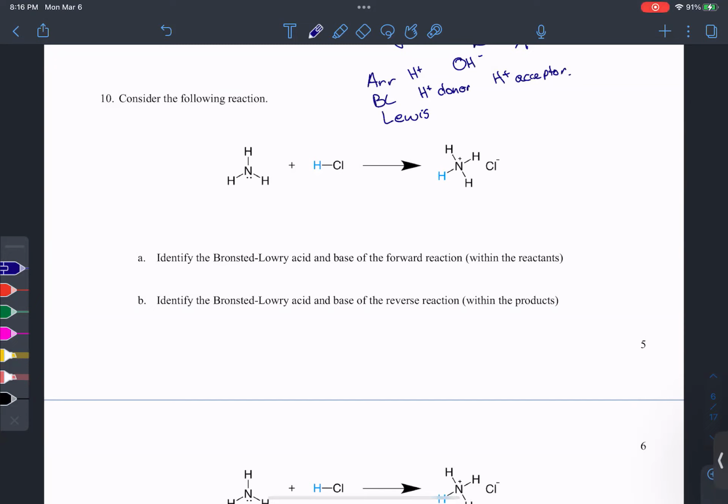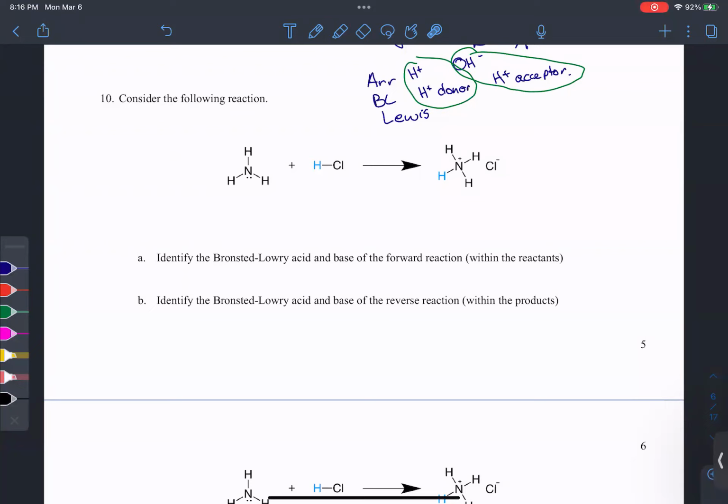So the idea here is that an Arrhenius acid is also a Bronsted-Lowry acid, most likely. An Arrhenius base is most likely a Bronsted-Lowry base as well. You're not going to find something that is an Arrhenius base and a Bronsted-Lowry acid. You're not going to see that mixed up. It's just a different focus. Here with Bronsted-Lowry acids and bases, we're looking at H pluses moving around in a reaction.